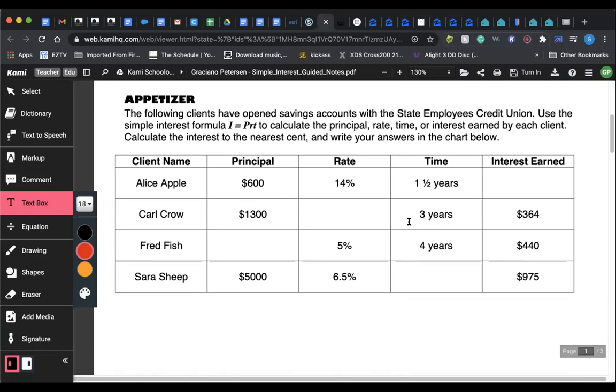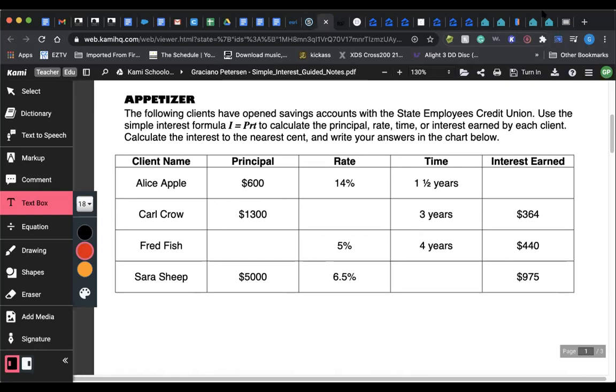So here we have a couple examples of some folks who are using the simple interest formula to borrow money or to earn money. So we're going to talk about that and how that works. The first example is the very straightforward example of using I is equal to PRT, right?